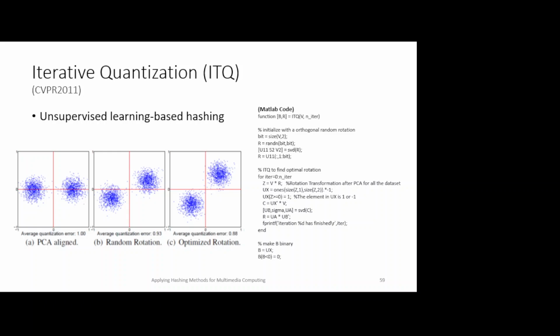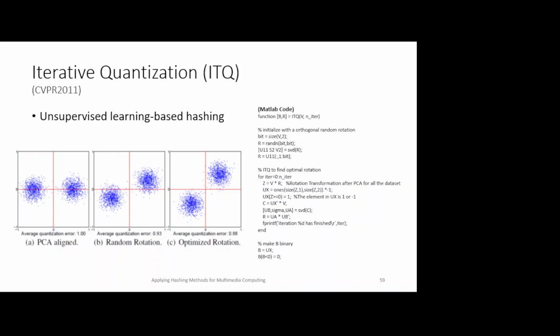The first eigenvector will have the largest eigenvalue, and the eigenvalue is the variance. The largest variance will be your first eigenvector here, and then this is the second eigenvector, and each eigenvector should be perpendicular.